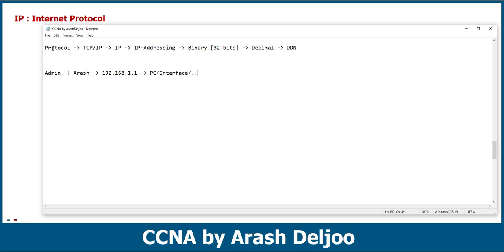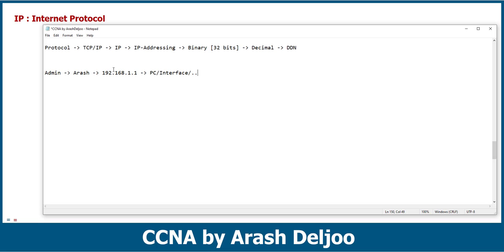Because of that, in most cases you don't configure the binary IP address on PCs or interfaces. Actually, it is the OS's function to convert the IP address that you assign in decimal value to binary for communication between the systems. It is so important to understand that the real format used in communication between the systems in networks is binary, but we don't use binary.